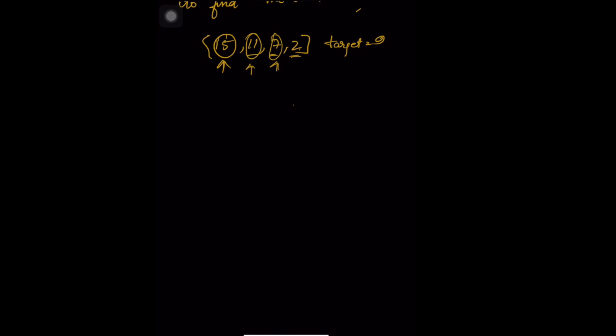Now, if you look at this approach, what we're doing is we are iterating through the array multiple times. And because of this, we are not doing things in the most efficient way possible.